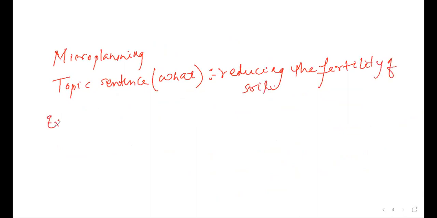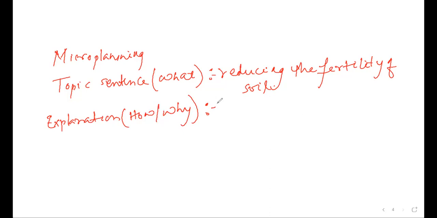Okay, moving on to the explanation. Now, when we say explanation, you have to mention how and why the fertility of the soil is reduced. So how and why do you think the fertility of the soil is reducing? What happens when you throw plastic material, or when you are disposing the plastic waste into the environment or into the soil? Why is it that the fertility of the soil is reducing?